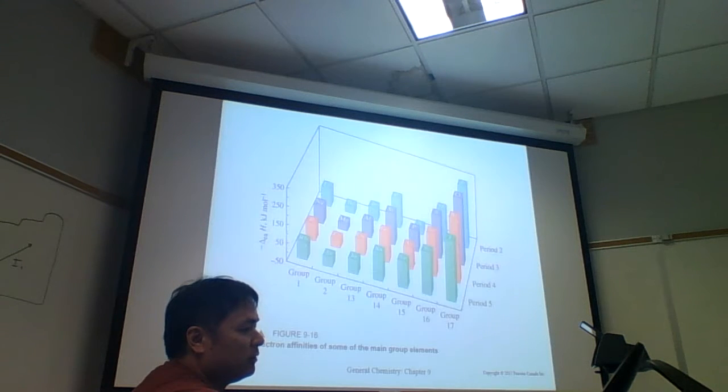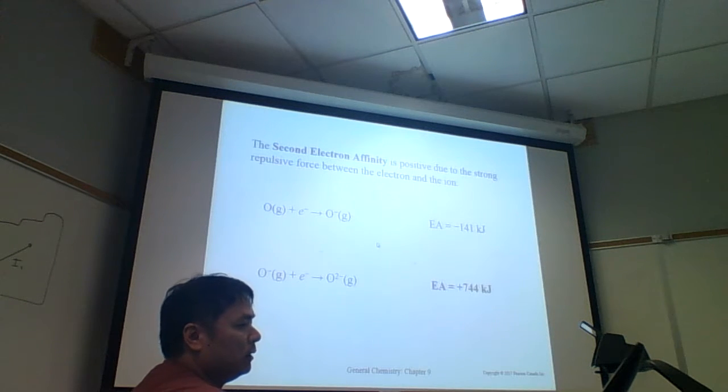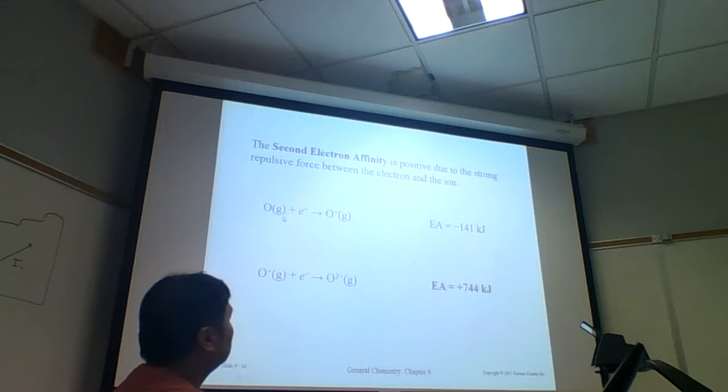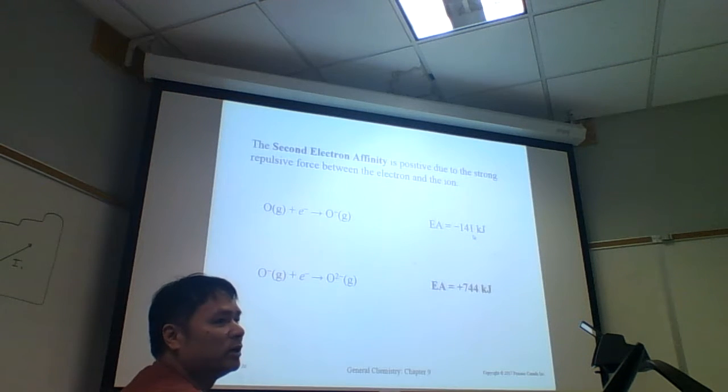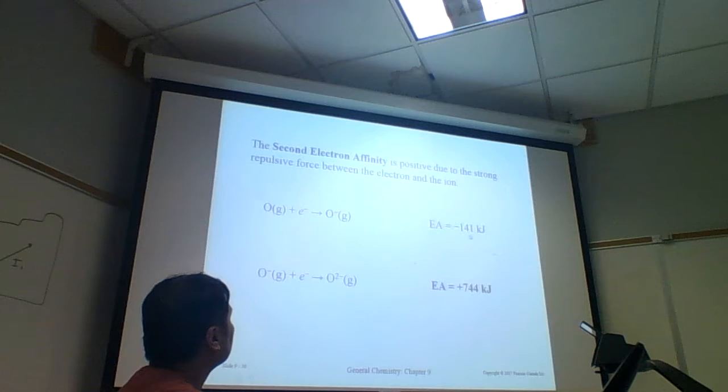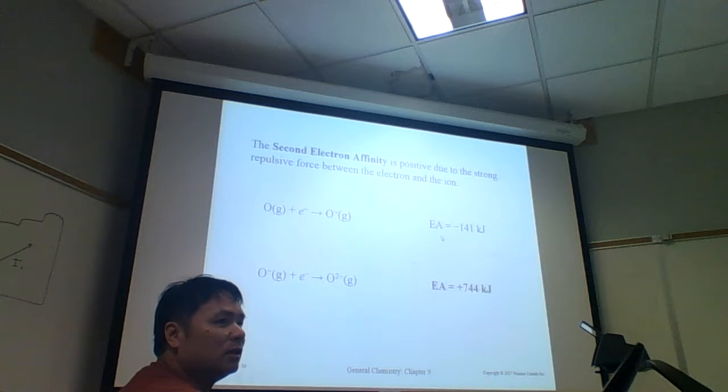Okay, that's electron affinity. And here we have oxygen. EA1 is to form the O minus ion, which is minus 141 kilojoules. Is that favorable or unfavorable?